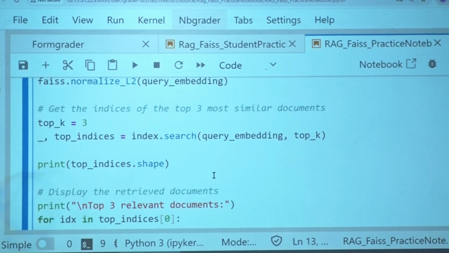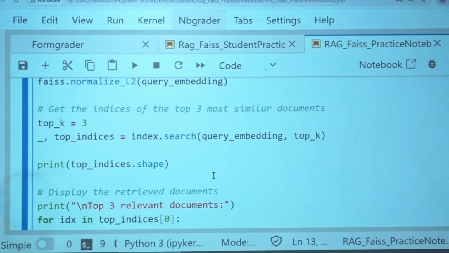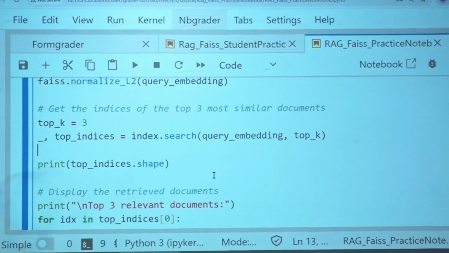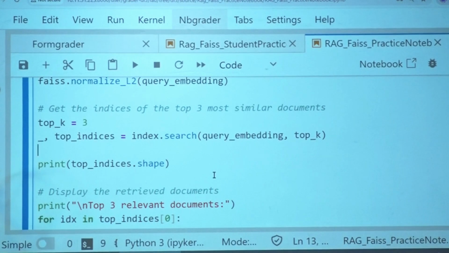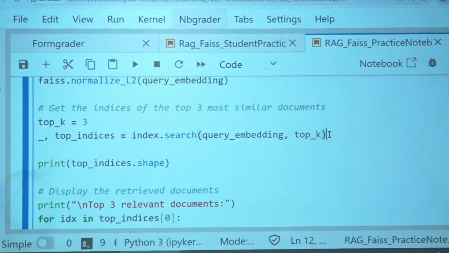So that poor guy takes the embedded version, matches with the first index, matches with the second index, and gives some number, which is called distance, and then sorts them by smallest distance, ascending order of distance, and gives you those documents. Understood? Now, this is a very unsophisticated index match. Because we have not used any hierarchy, we have used flat indexing. That's easy to build, but slow to use.